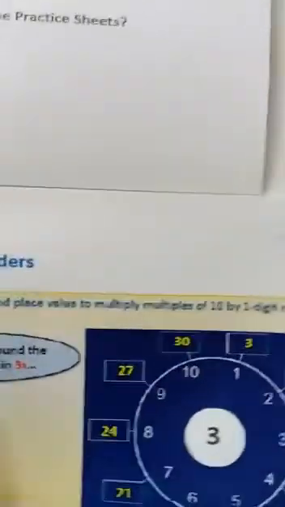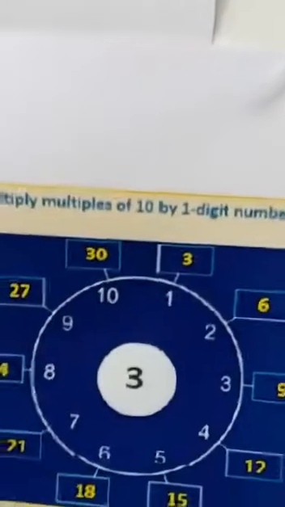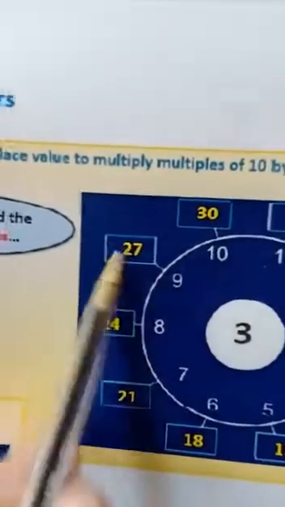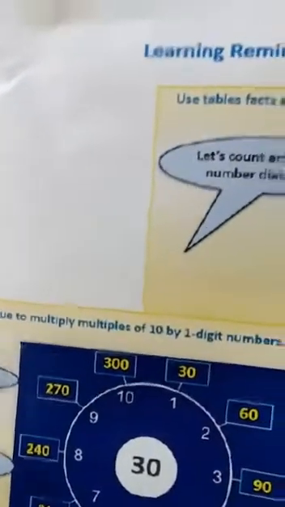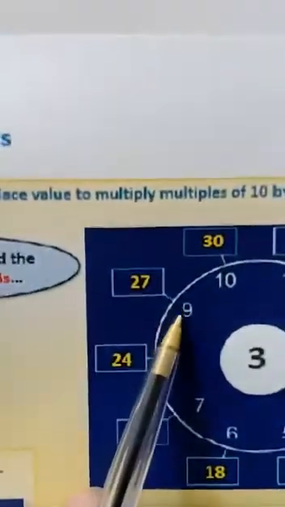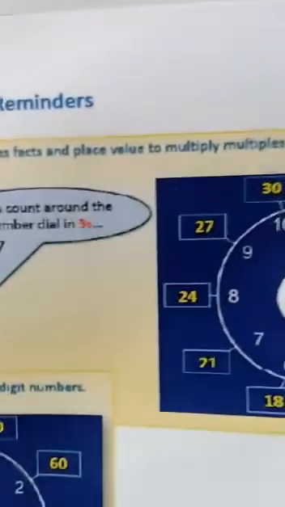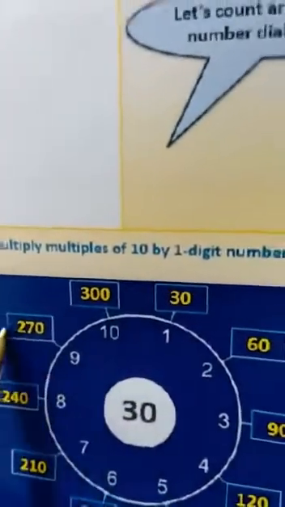But to help you, we've got some learning reminders here. So use the table facts and place value to multiply multiples of 10 by 1 digit. So if you look at the 3 times 9 is 27, 3 times 10 is 30, 3 times 3 is 9. So we should know our times tables. But if you change those numbers to a 10, adding the 0 onto them, 30 times 9 is 270, because 3 times 9 is 27.